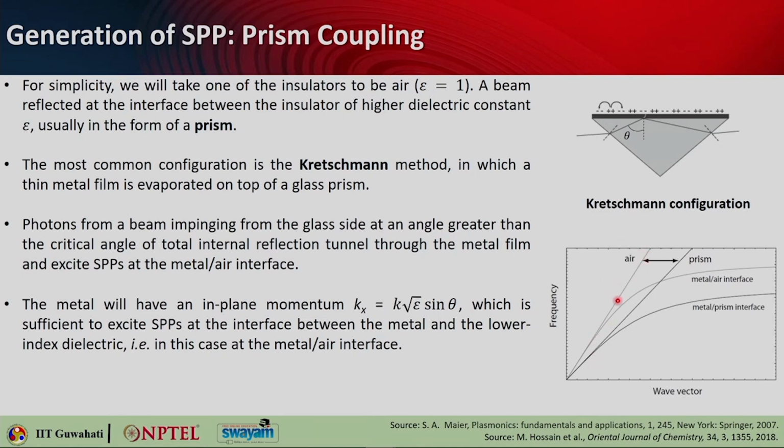So, this is the light line in air and this is in prism. Okay. So, prism is made of glass. Glass, you know, the refractive index can be 1.55 roughly. So, what is happening?